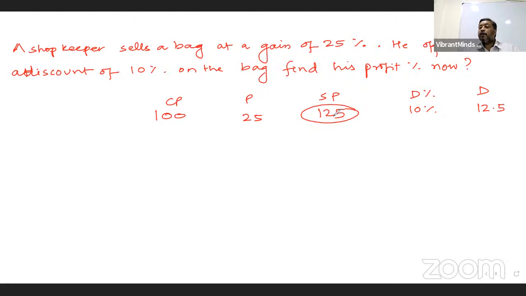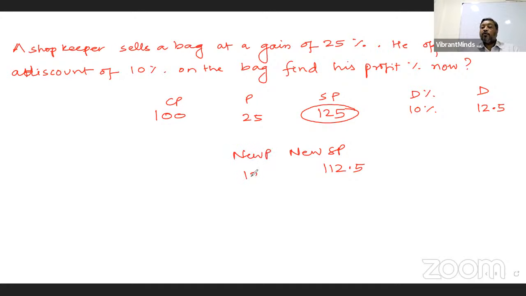10% of this. So I again gave you, it is 125 and it will be 125 by 10 and that is 12.5. So what is the new selling price? New selling price will be 112 rupees 50 paisa. So what is the new profit?